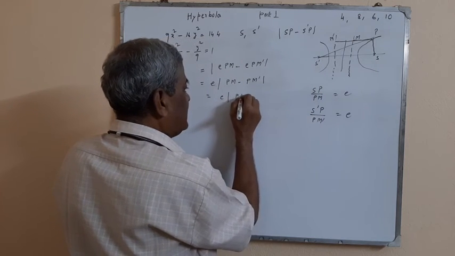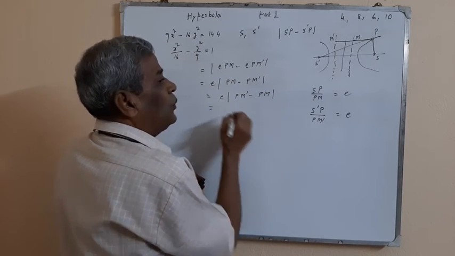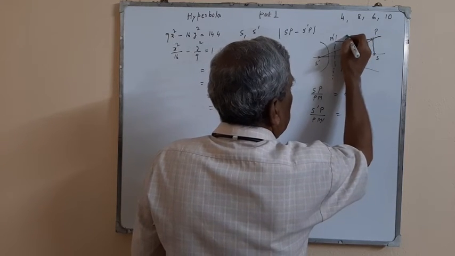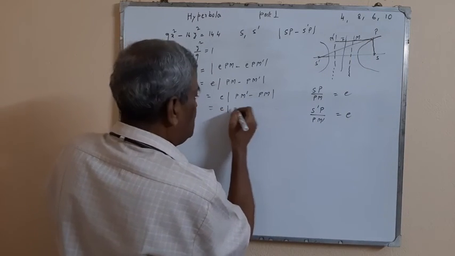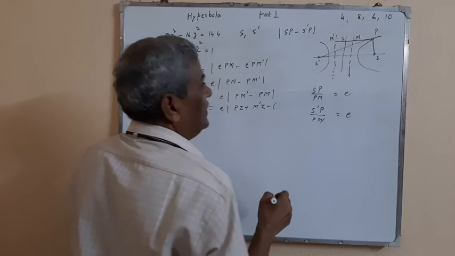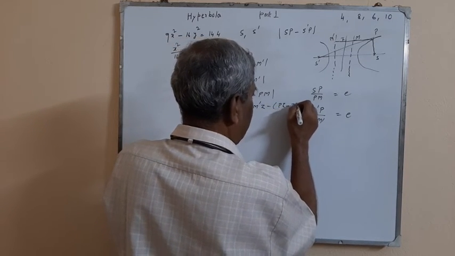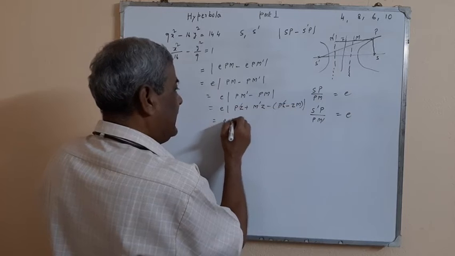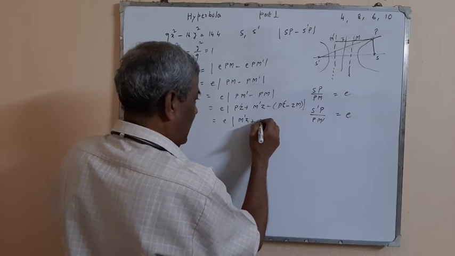Now PM dash is that, PM is this. Suppose that point is Z. It is equal to e into PM dash, which is PZ plus M dash Z, minus PM, which is PZ minus ZM. So PZ cancels, so e into M dash Z plus MZ.